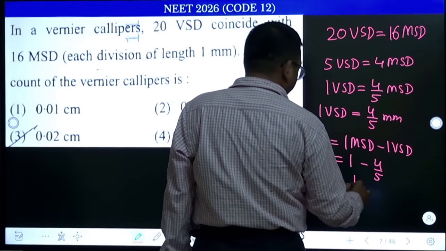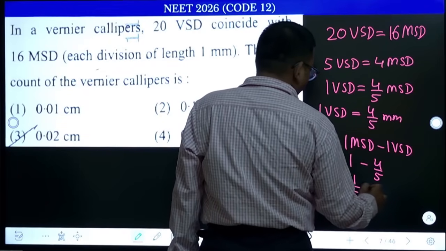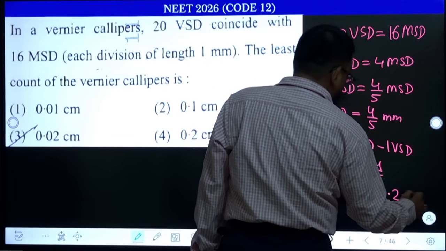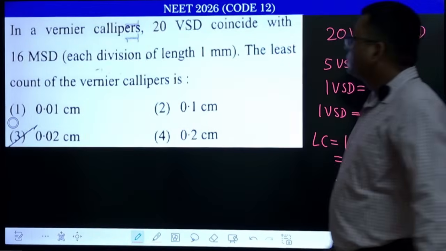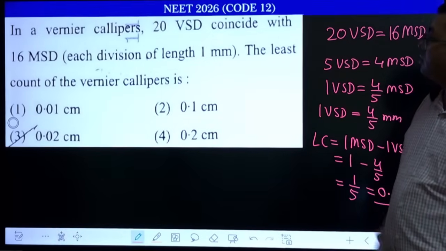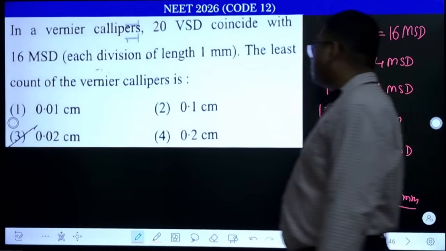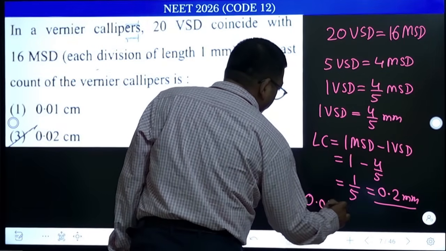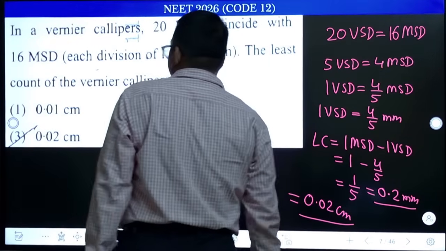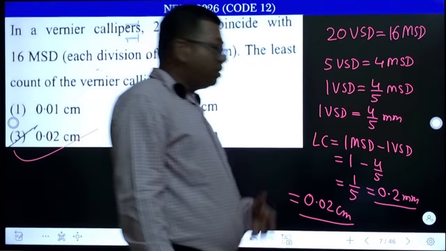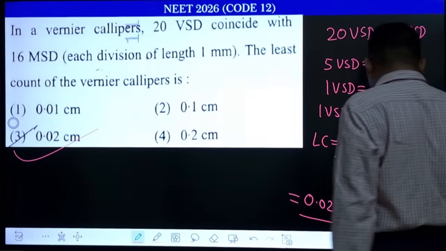So from here it is 1 by 5, which means 0.2 millimeter, correct? But the answer has to be given in centimeters, so you have to divide by 10 extra, so 0.02 centimeter. So we can go for this option, right? Okay, let us move next.